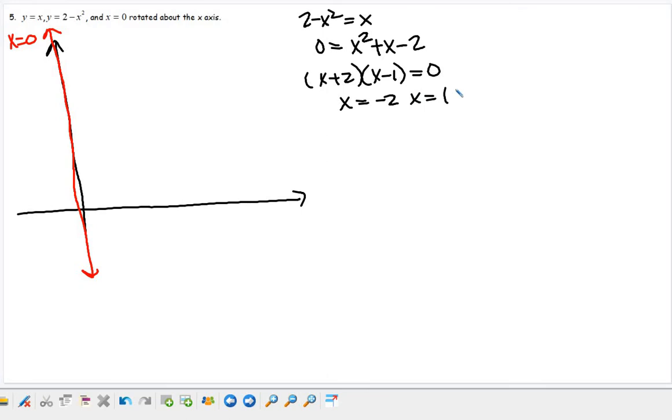We clearly don't care about the negative 2 because it has to be greater than 0. So I know they're going to intersect at 1. So this one's going to go through 1, 1, and then this one is going to go through 1, 1. Okay?